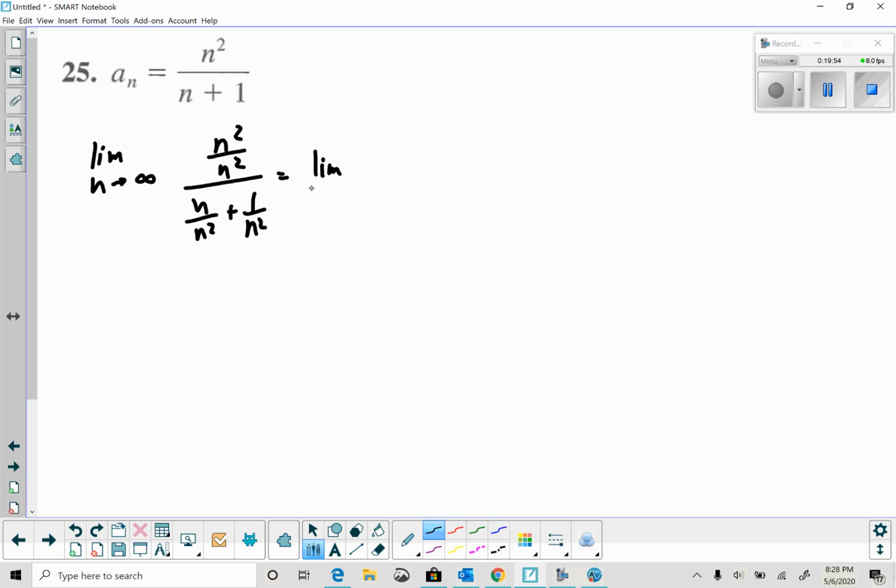So this is the limit as n approaches infinity of 1 over (1 over n plus 1 over n squared). And apply our definitions there. The constant 1 remains constant. 1 over n becomes a 0. 1 over n squared becomes a 0.